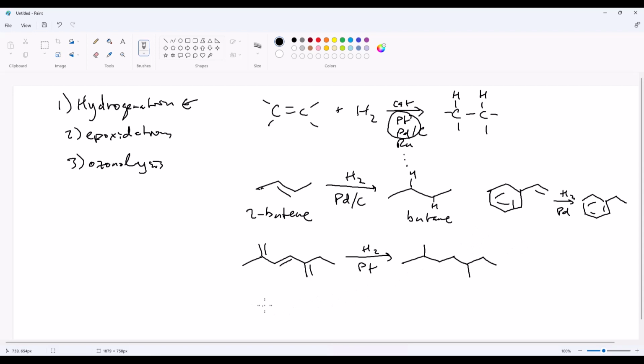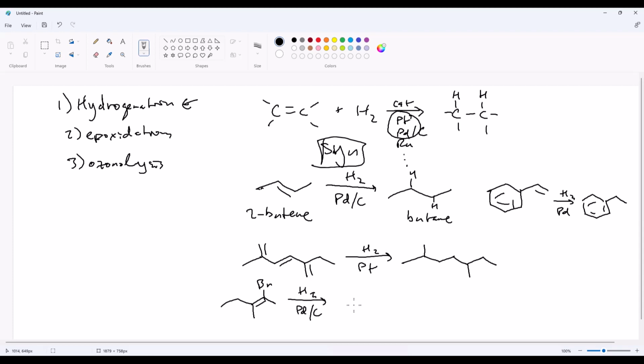The stereochemistry of this is a syn addition. So this is a syn addition, similar to hydroboration or oxymercuration. So if we draw an alkene that has a stereochemistry or is prochiral, we add H2 on palladium on carbon.